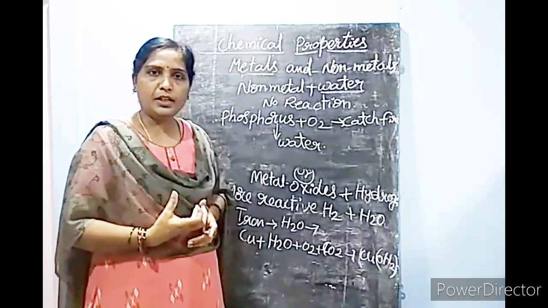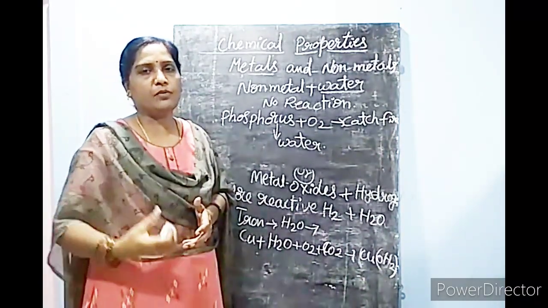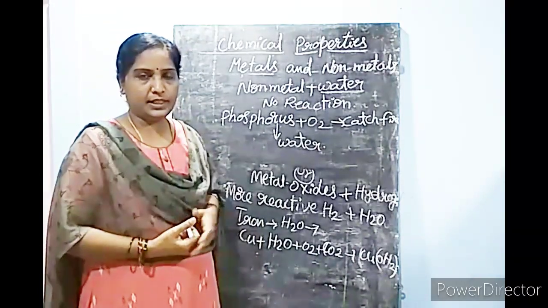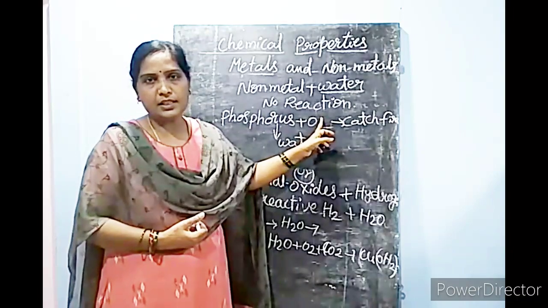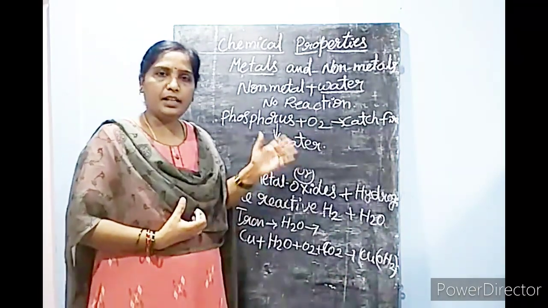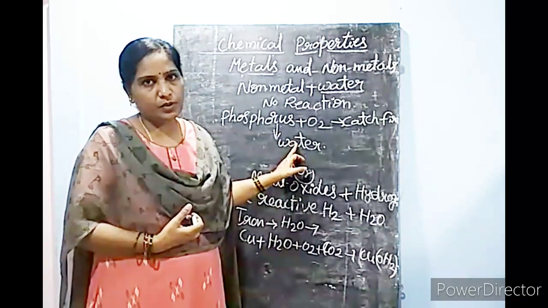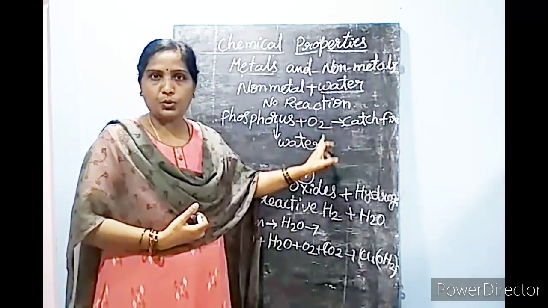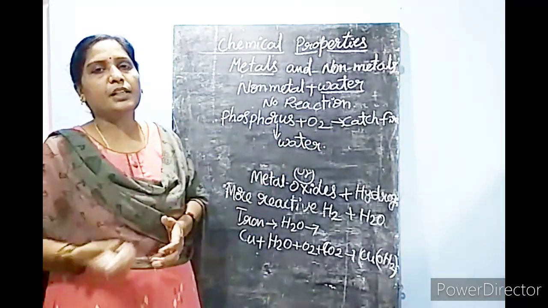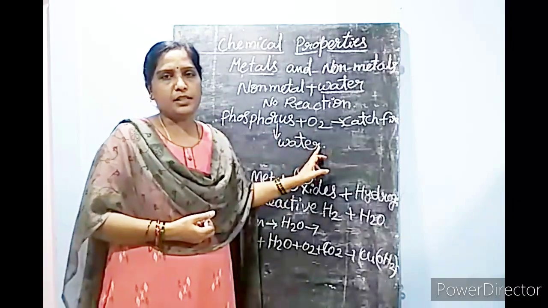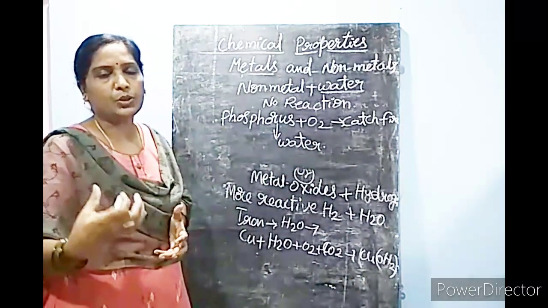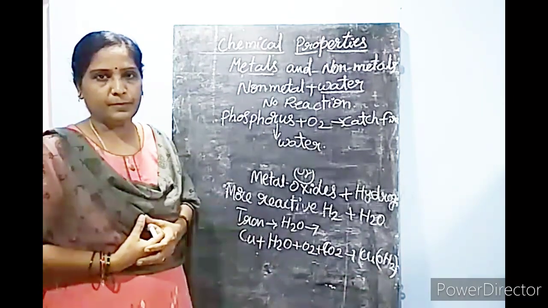Non-metals also react with oxygen and form non-metal oxides, but non-metal oxides are acidic in nature. SO2 mixed with water formed H2SO3, sulfurous acid. When tested with litmus paper, blue litmus turned red, showing that H2SO3 has acidic properties.